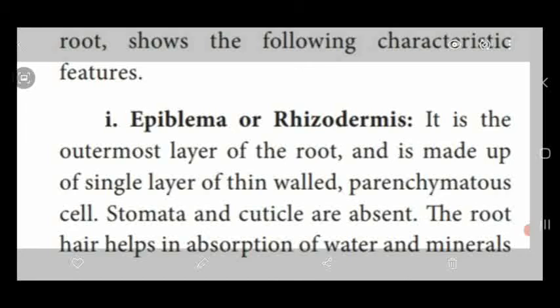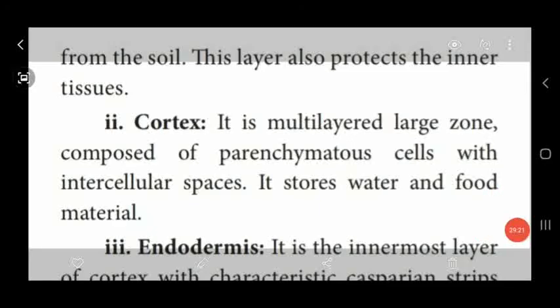Stomata and cuticles are absent. Root hairs are present. The function of the root hair is absorption of water and mineral salts. And the function of the epidermis is to protect the inner tissues. I already told you that, they give protection to the underlying tissues.